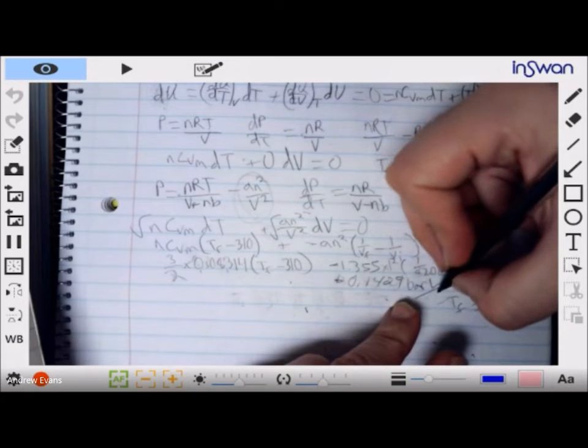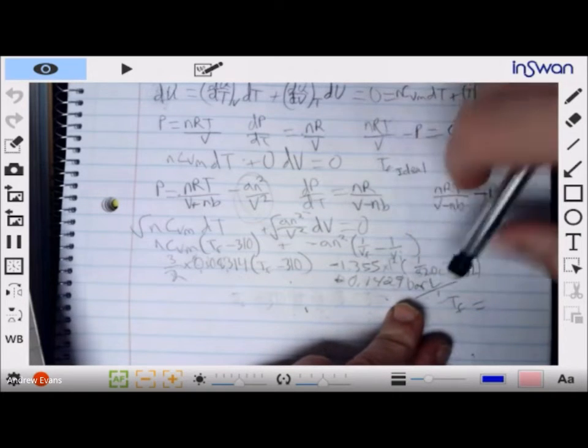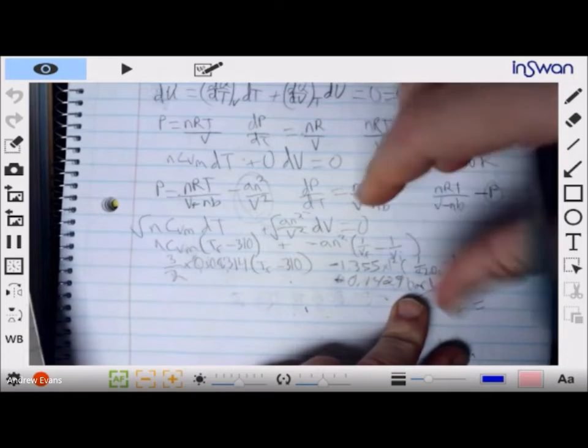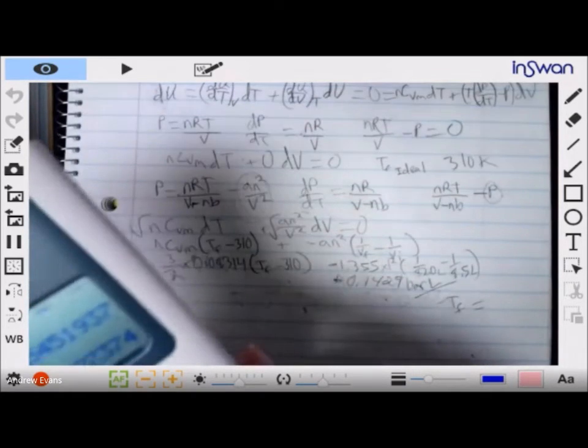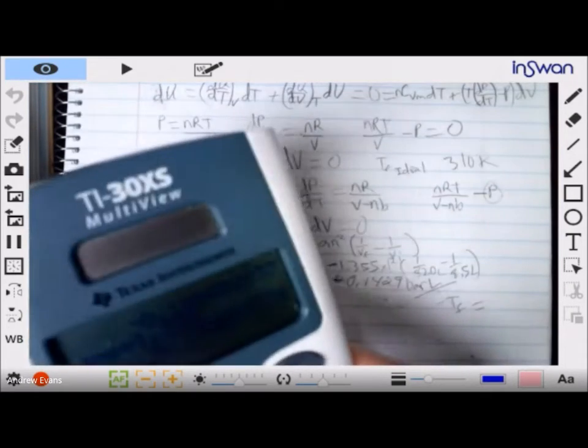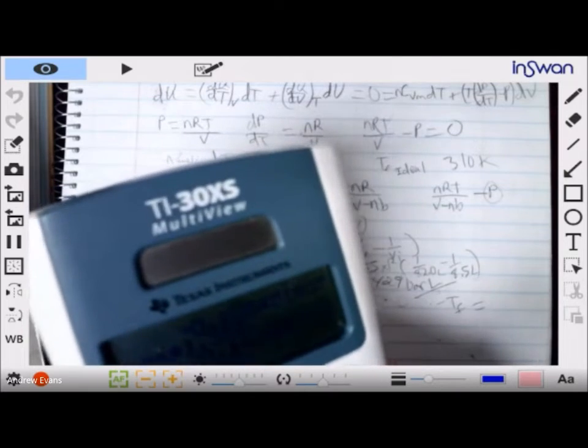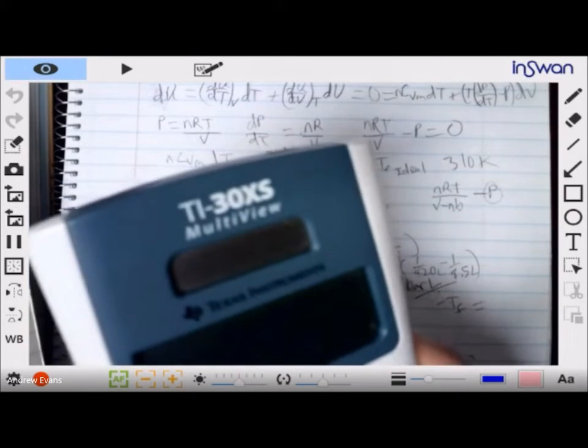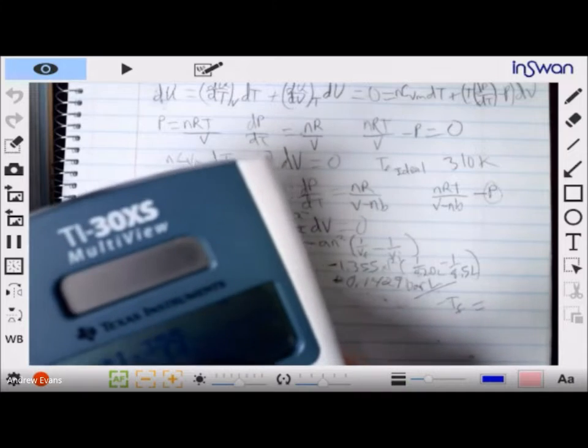Then multiplying by 2 over 3 and dividing by R would give us units in Kelvin.